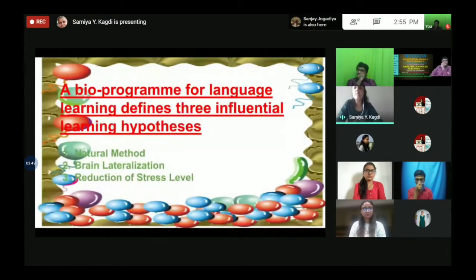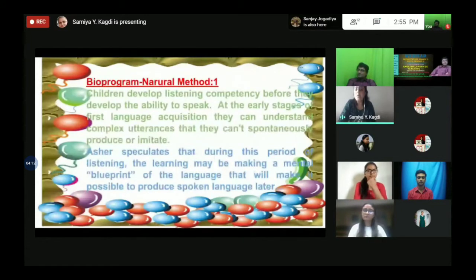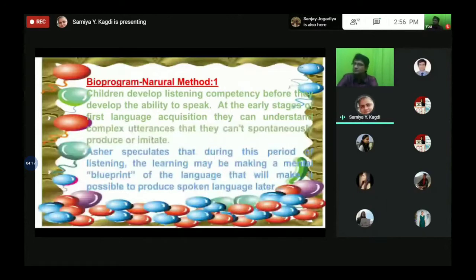Now this is the biological program for language learning, which defines three influential learning hypotheses, and these three hypotheses are mentioned in the form of natural method, brain lateralization, reduction of stress level. And in the natural method, most emphasis is on listening skills, that when listening competency is good, then one will be able to speak effectively.